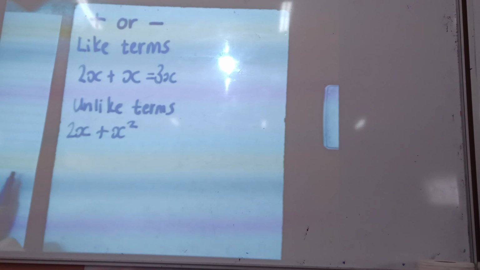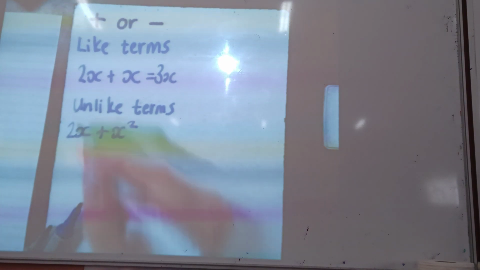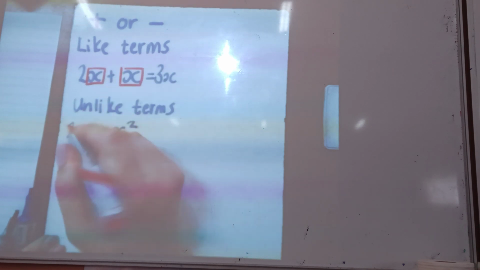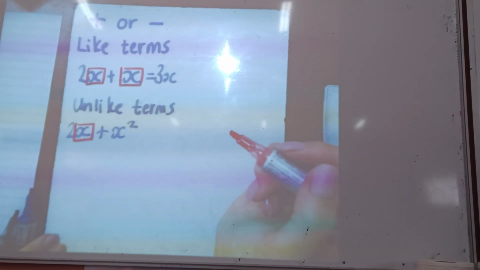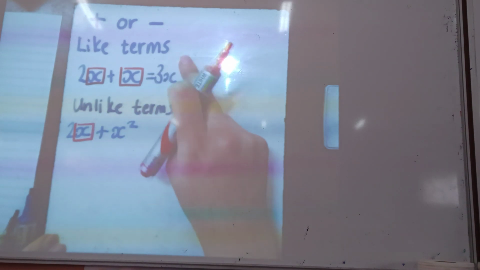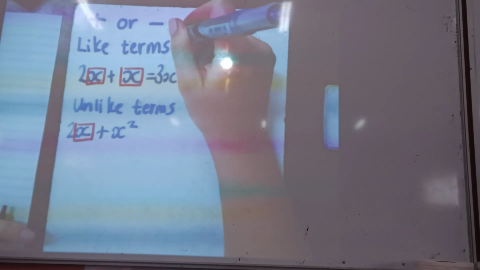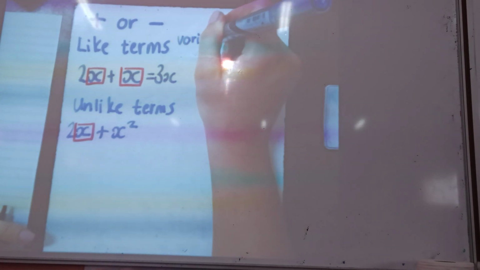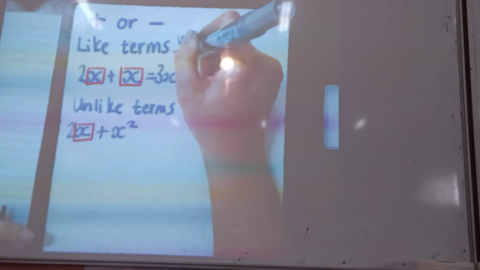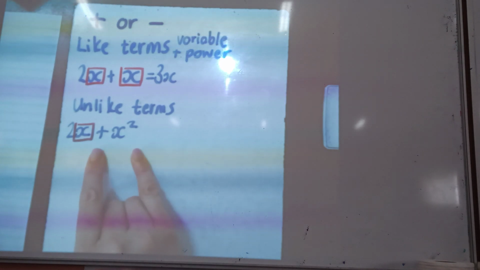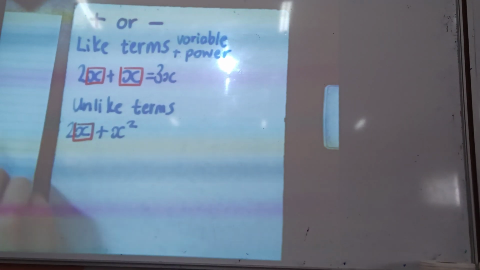No. The most important part about like terms is that the variable and the power must look the same. So that's what makes like terms. The variable and the power must be the same. So you see these are unlike terms. Why are these unlike terms?